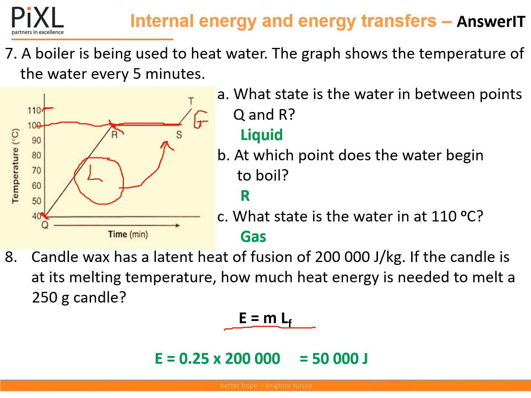So the mass of the candle was 250 grams. We have to convert that to kilograms, don't forget. And then we just times it by 200,000, which we got from the question up here. And the total energy should be 50,000 joules of energy is required to melt that 250-gram candle.